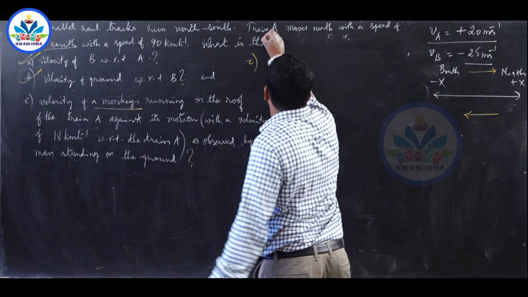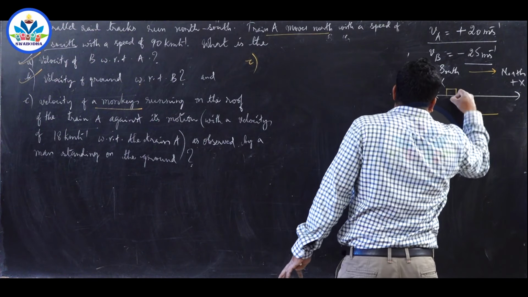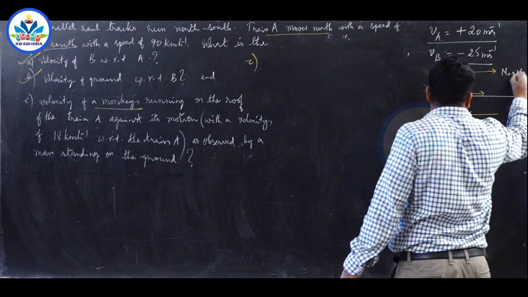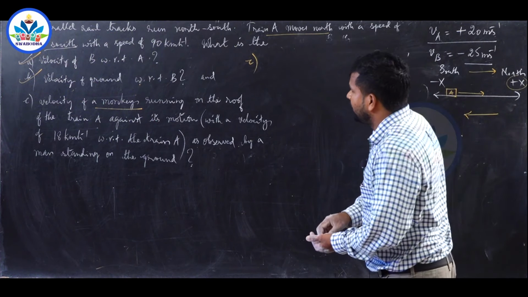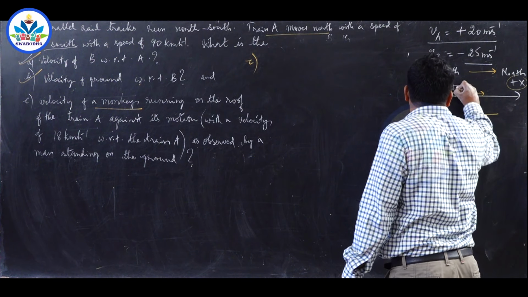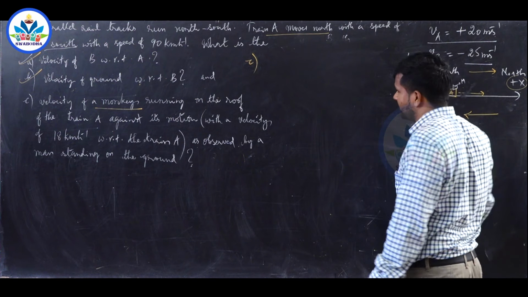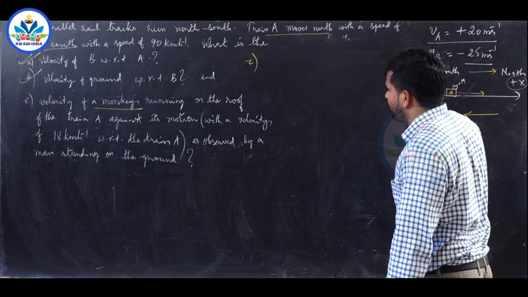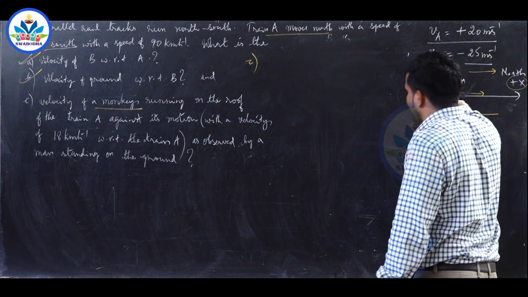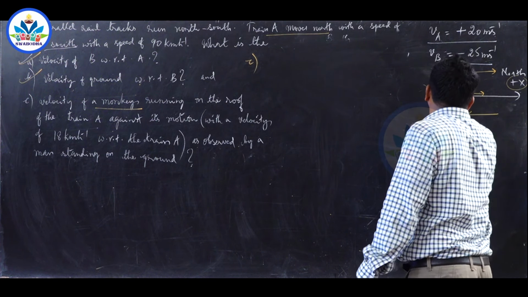You all know train A moves north. For example, this is train A which is moving north in the positive x direction. There is a monkey, this is the monkey, running on the roof of the train A against its motion.